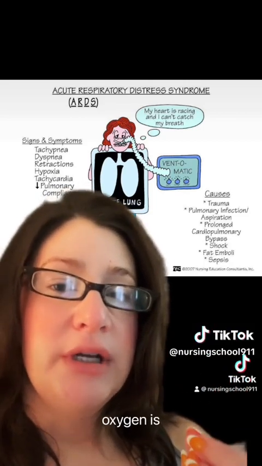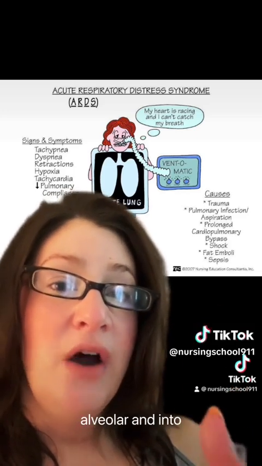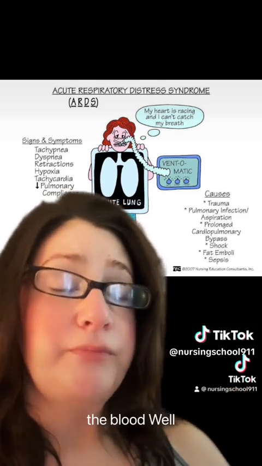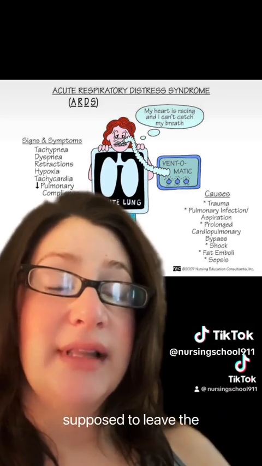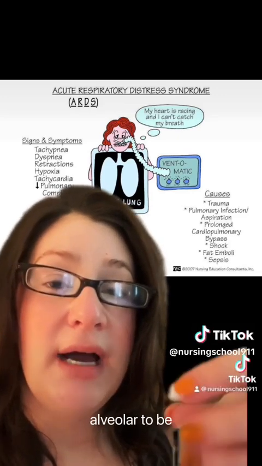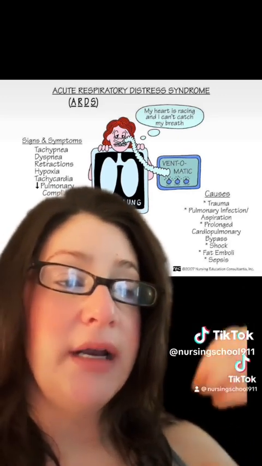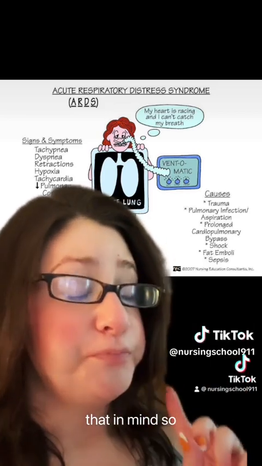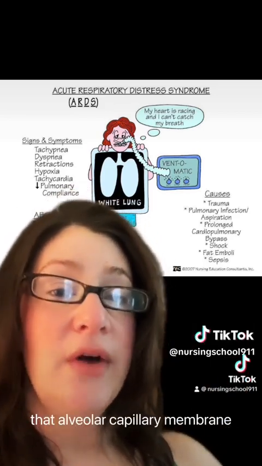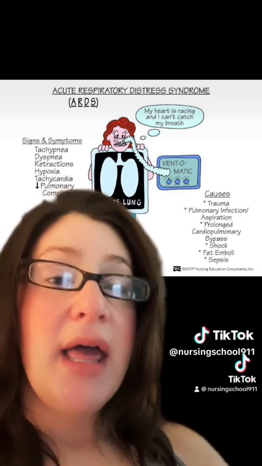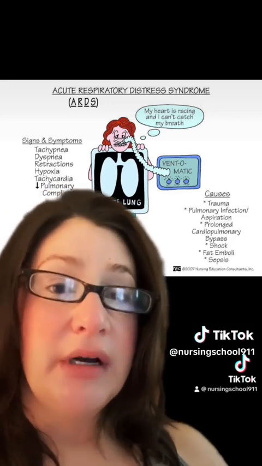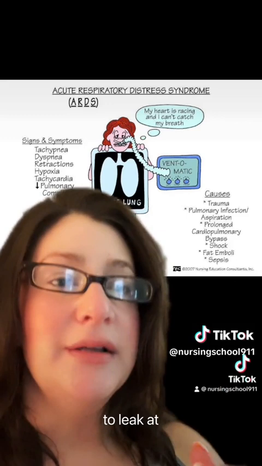So oxygen is supposed to leave the alveoli and enter the blood, while CO2 is supposed to leave the blood and enter the alveoli to be exhaled. All right, so keep that in mind. So we've got damage to that alveolar capillary membrane. That causes that capillary to become very permeable and to leak.